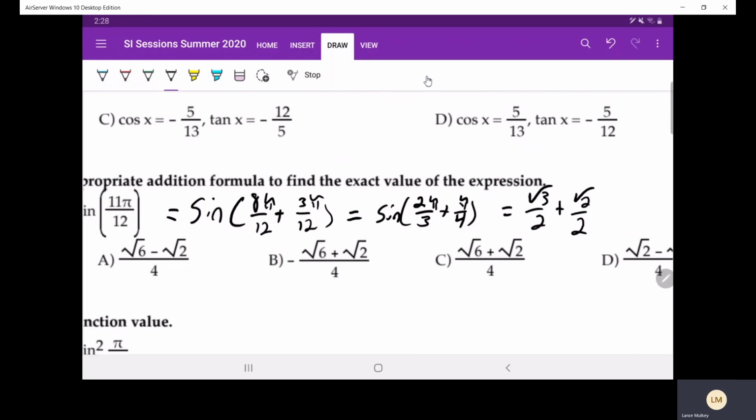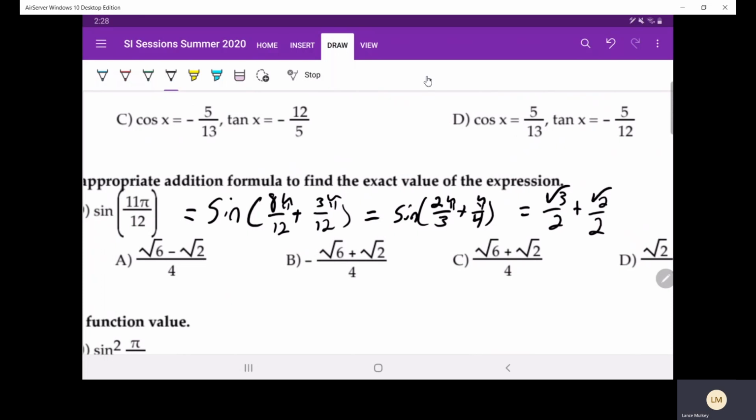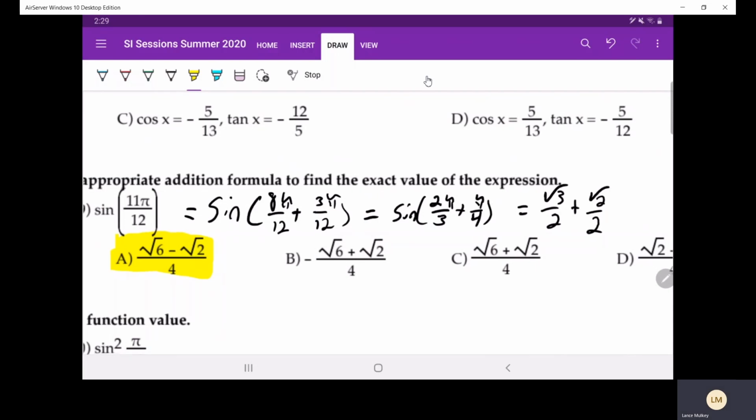Okay, so if we do over 4, so the calculator said the answer is A. Honestly, I don't know.